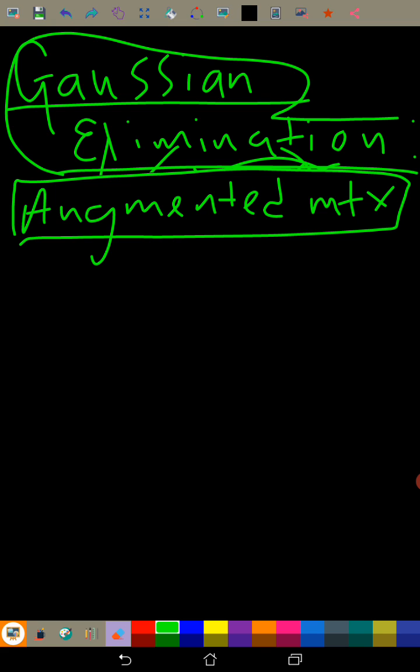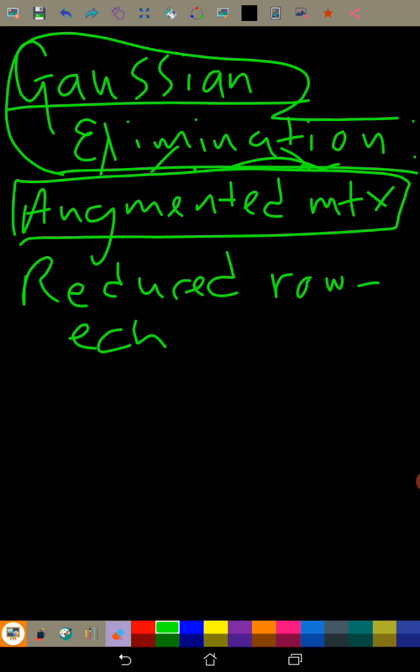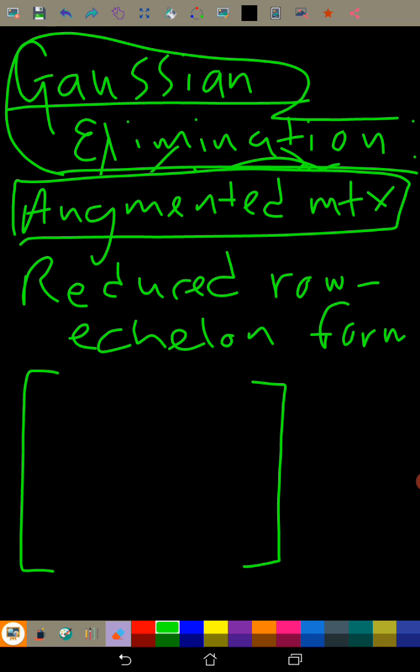It puts the matrix in what we call the reduced row echelon form. This is a beautiful word, like it sounds French and erudite. Reduced row echelon form. So it's going to look like this, guys.